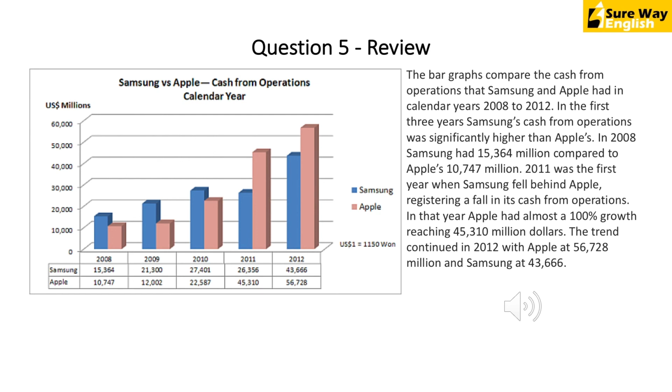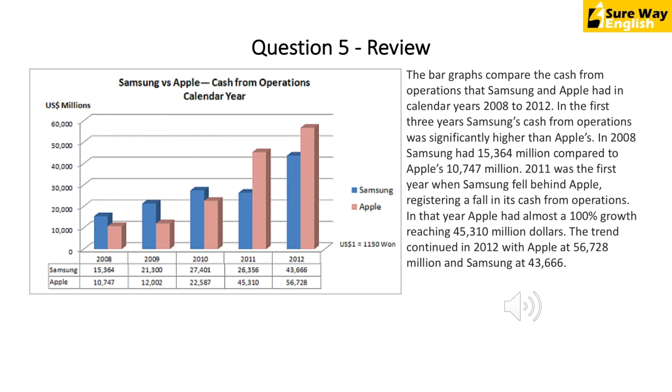So in your introduction, you'll say the bar graphs compare the cash from operations that Samsung and Apple had in calendar years 2008 to 2012. Then you can say in the first 3 years, Samsung's cash was much higher, from 15,364 million dollars, compared to Apple's 10,747 in 2008.